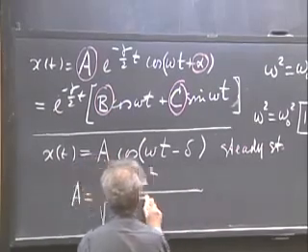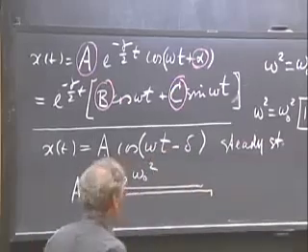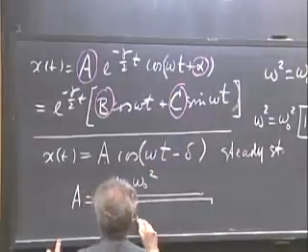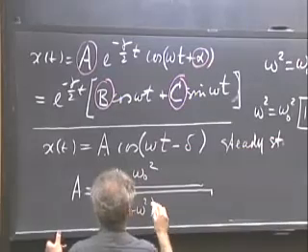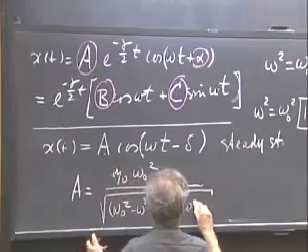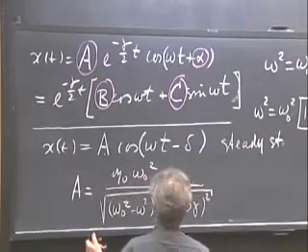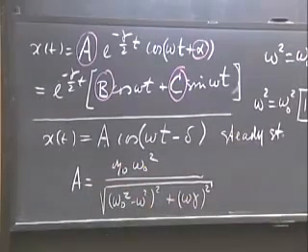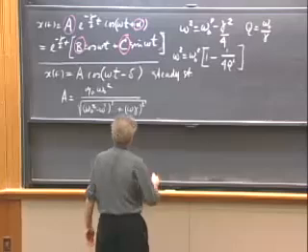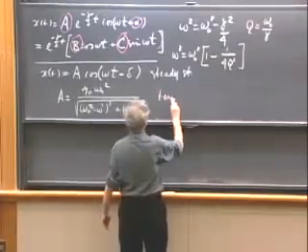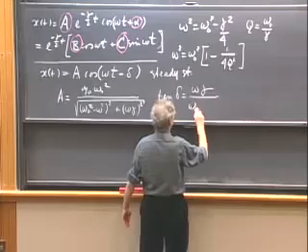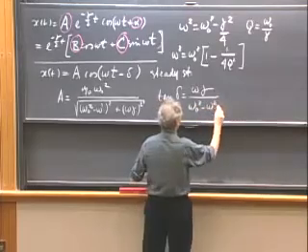And downstairs I get the square root of omega 0 squared minus omega squared, squared, plus omega gamma, squared. And that is the amplitude as a function of omega, and the tangent of delta becomes omega gamma divided by omega 0 squared minus omega squared.